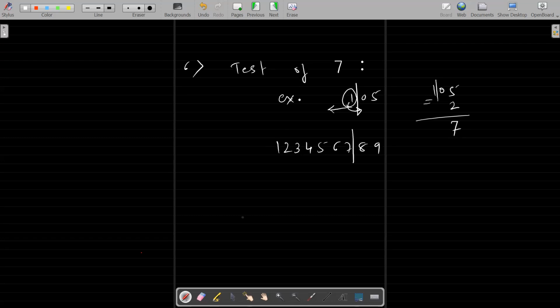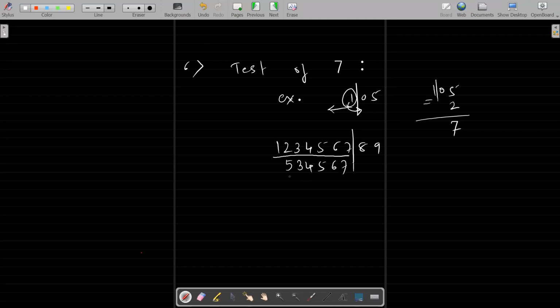I used to take this part and reduce this number modulo 7. So 12 is like 5, right? So the number is like 5, 3, 4, 5, 6, 7.